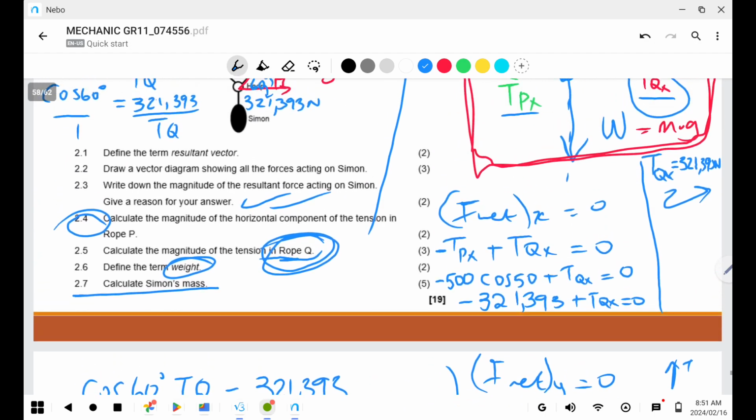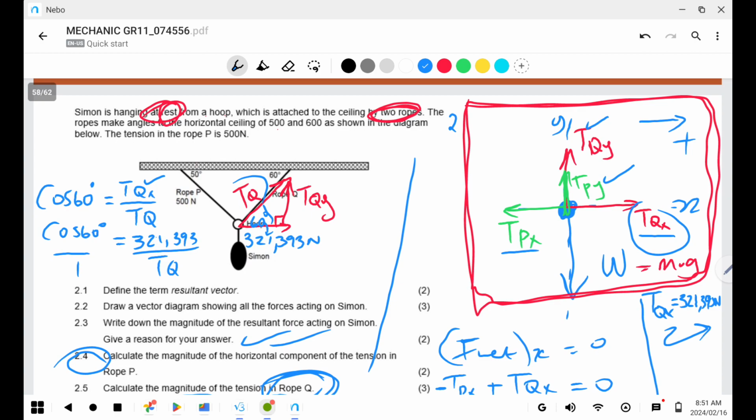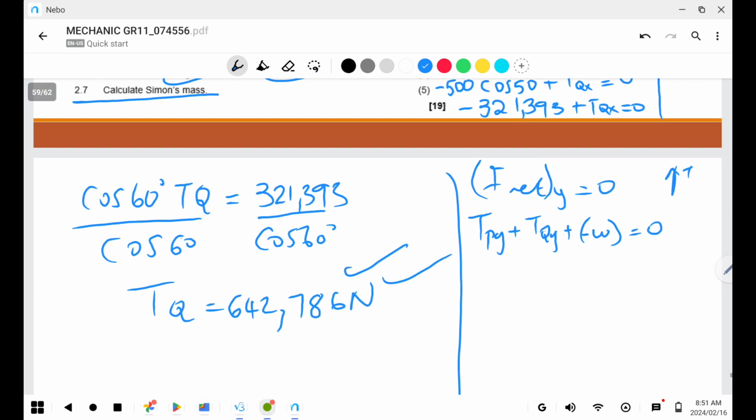Do I have TPY? Let us see. TPY, we can calculate it. Remember, TPX looked something like TP cosine of 50. It means that the y component will take sine. So this will be TP sine of 50 degrees, and the same is applicable to TQY.